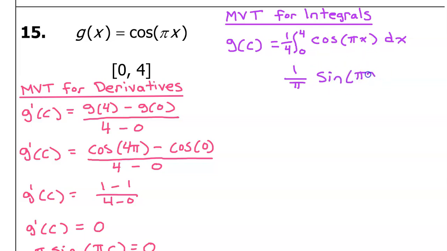So I will have sine of pi x. And again, because it was not just an x, I had to take the derivative of pi x and then divide by that. So I will not forget my limits of integration from 0 to 4, and I will not forget that I have a 1/4 out in the front.